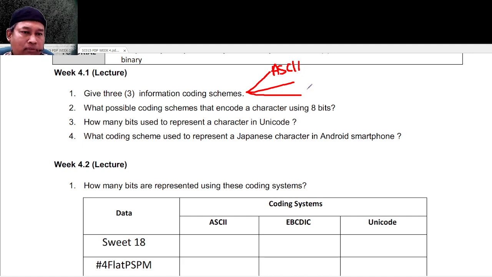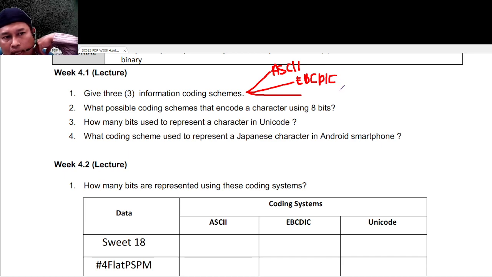So this is ASCII, and number 2 is EBCDIC. ASCII, EBCDIC and Unicode must be written in uppercase, not lowercase, because they are acronyms, short words. And EBCDIC uses 8-bit, showing 256 characters or 256 symbols.